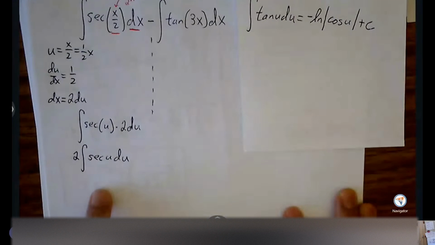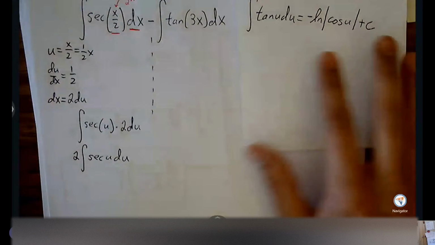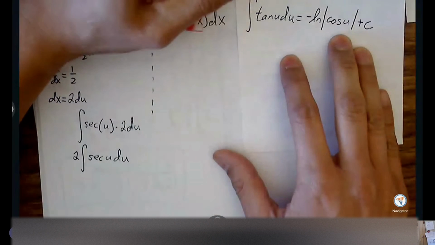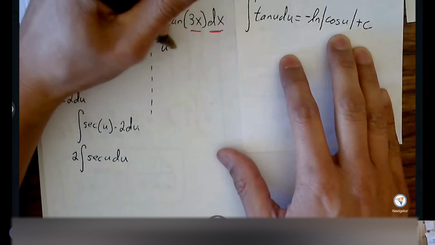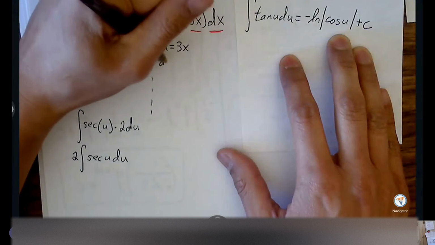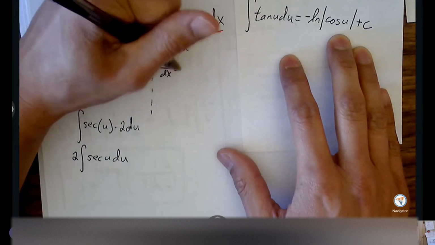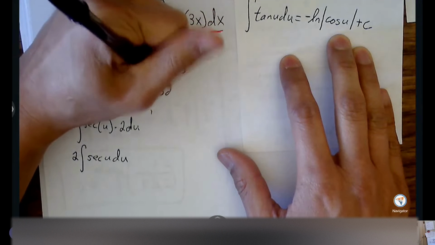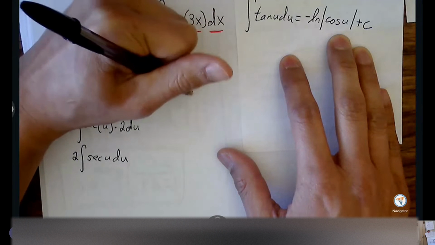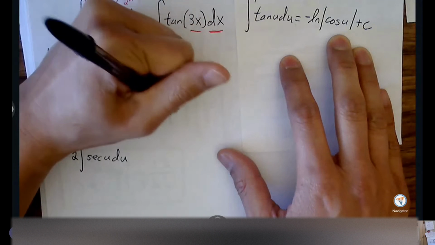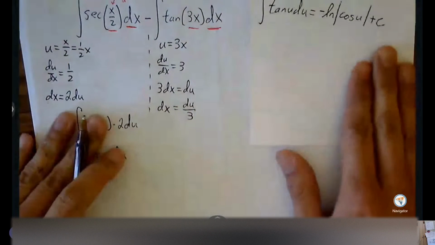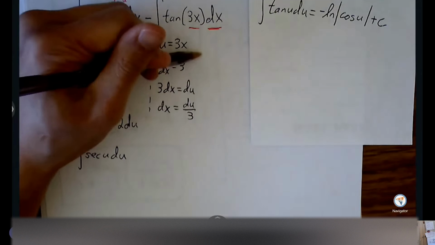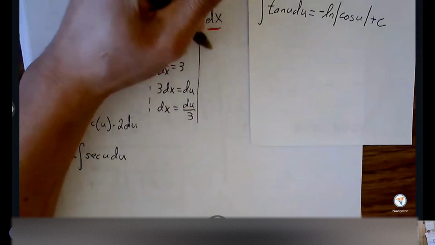Okay, so we'll hold off on that. We'll come back to it. Go to the tangent side. u is 3x. Okay, we make our substitution.